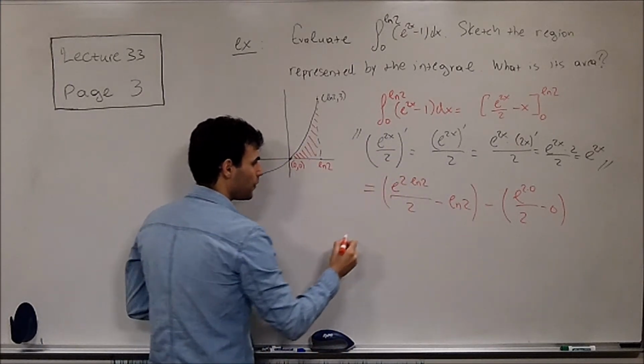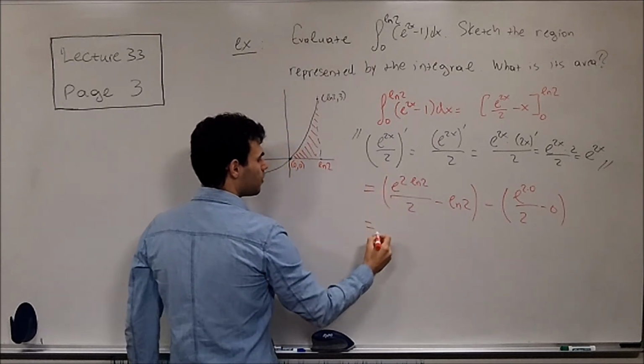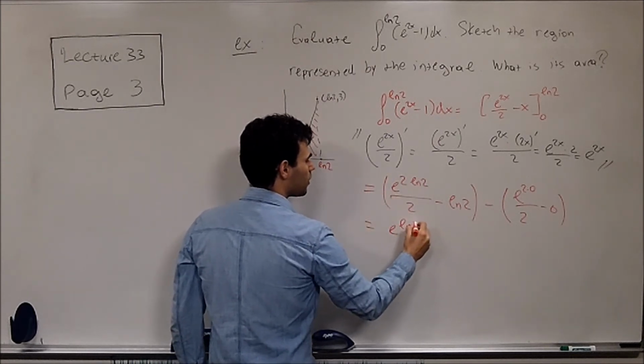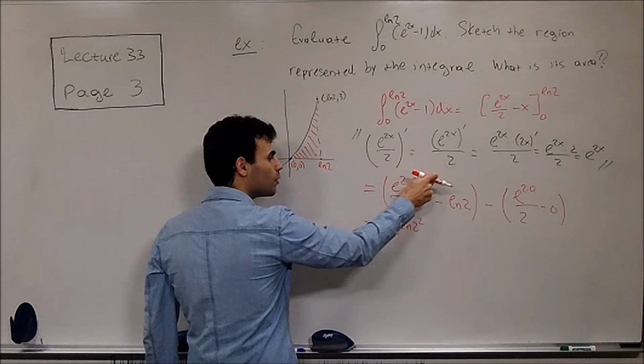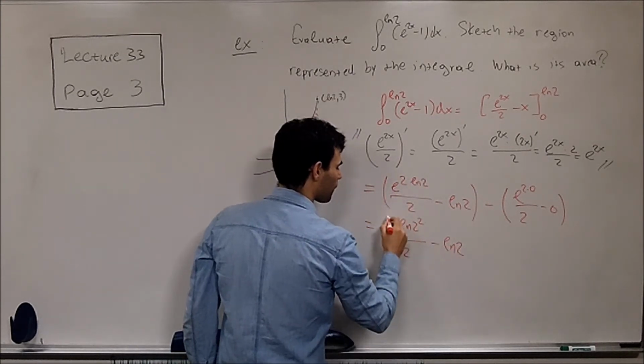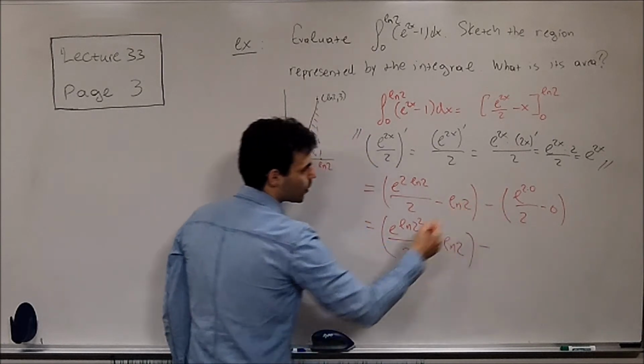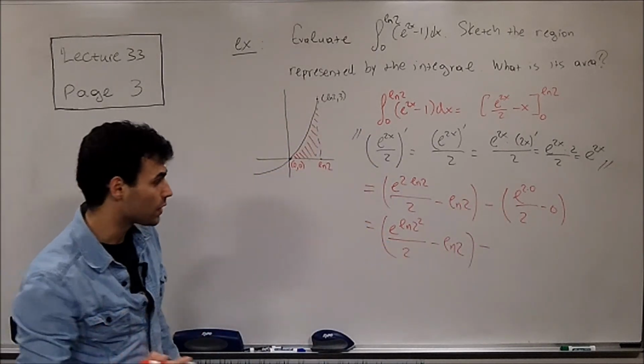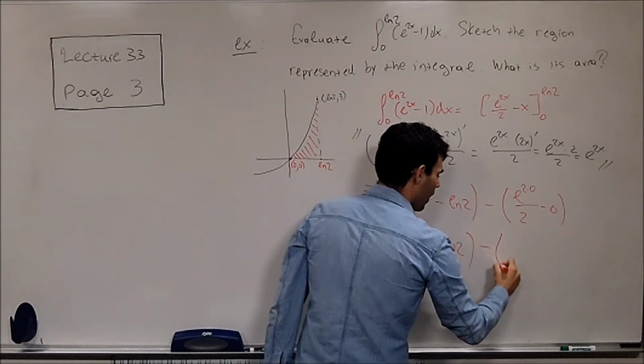So now let's do the computations. It's best if you rewrite this as e to the ln 2 squared, I move the 2 in the exponent, all over 2 minus ln of 2. And here notice that it is e to the 0, and that's always equal to 1. So this is just minus 1/2.